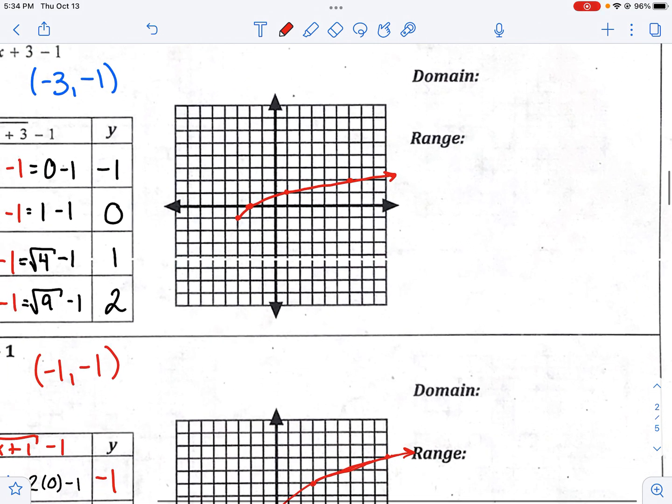All right, let's try another one here. The domain on this one, where did I start left and right? So how far left on that graph did I start? I started 1, 2, 3 to the left. I started at -3, and if you check out that vertex, that's where my vertex tells me I started.